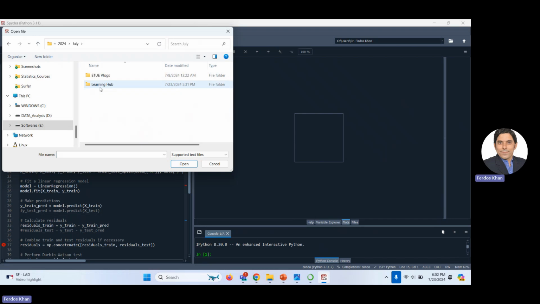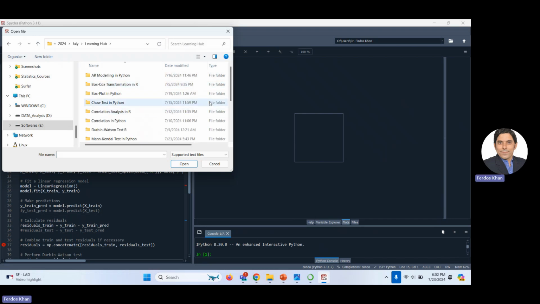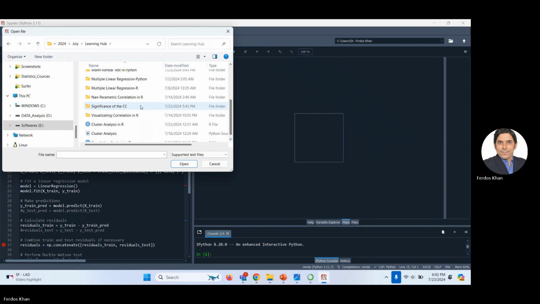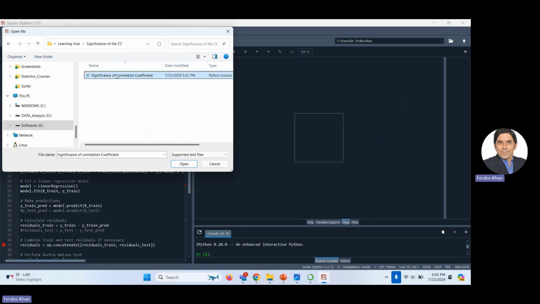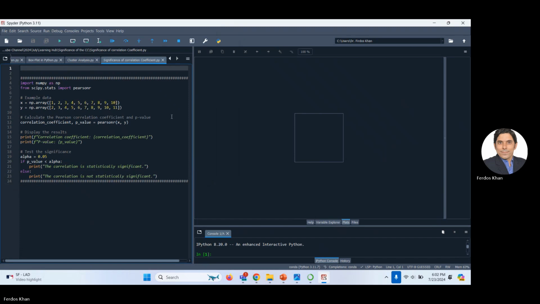Okay, here you will find it. This one. So open this. It's a very small code, so you can run this very easily.